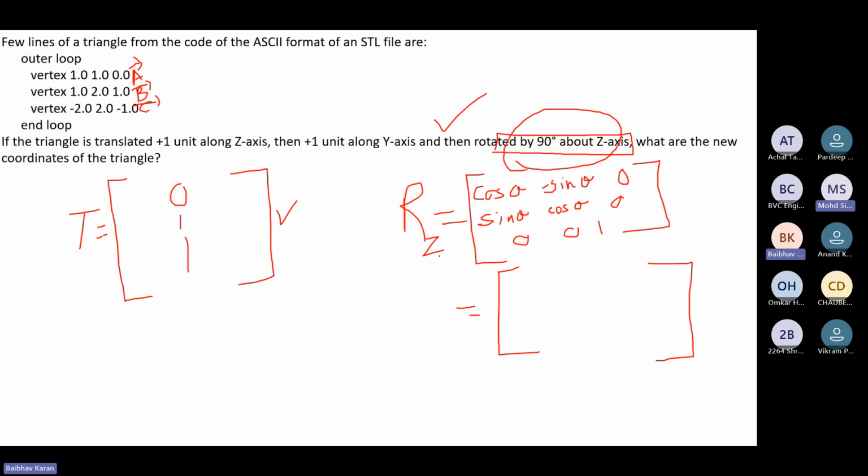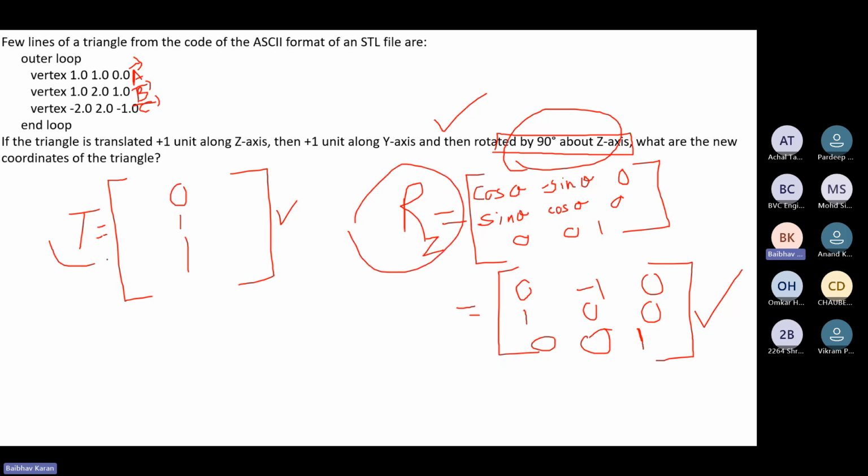Sir, 0, -1, 0, 0; sine 90 is 1, 0, 0, 0; 0, 0, 1, 0; and 0, 0, 0, 1. Perfect, great, good. So we have our rotation matrix, we have our translation matrix, right? Then let's come to the question.